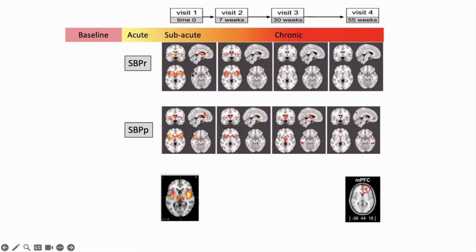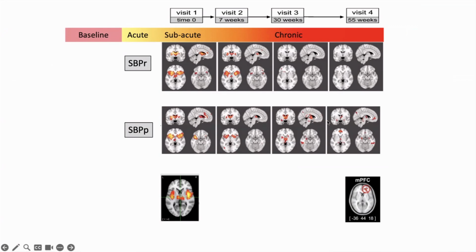Over time, the ones who are recovering, this is SBPr, over one year, their brain activity is going away. I'm sure they still have some brain activity, but it's too variable and too small for us to capture it in this small cohort of subjects. The subjects where the pain is persisting over time are the ones where, in fact, the brain activity decreases in these areas, and you can see that over time, while it starts being activated in multiple limbic regions.